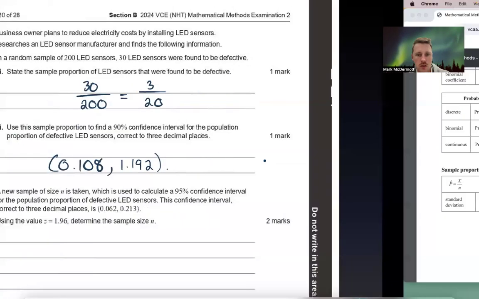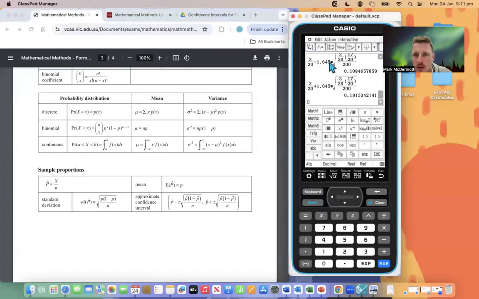Now I just realized I used 0.645. Hopefully it doesn't give a different answer. This one would be different. Which one do I use? 108, and this one would be 109 as well.